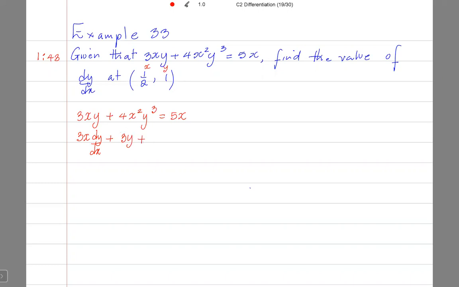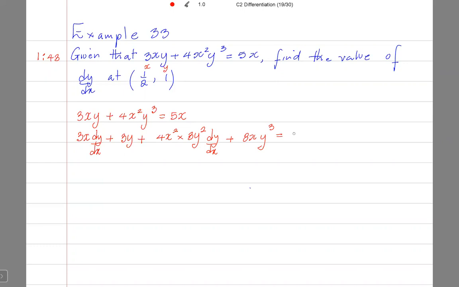Now, to the right, I have 4x squared y cubed, which is also a product. So I'm going to apply the product rule, which is leave the first, which is 4x squared. I'm going to leave that. Differentiate the second, which is 3y squared dy by dx, plus differentiate the first, which is 8x, leave the second, which is y cubed, and this is equal to, differentiate the right-hand side.